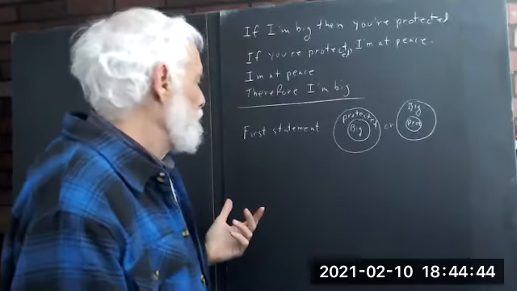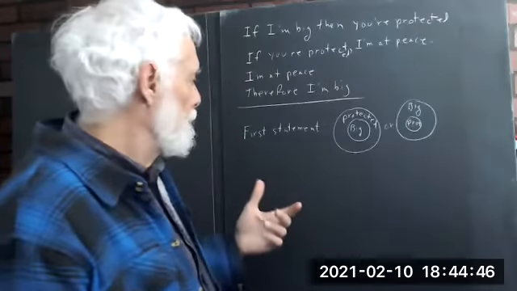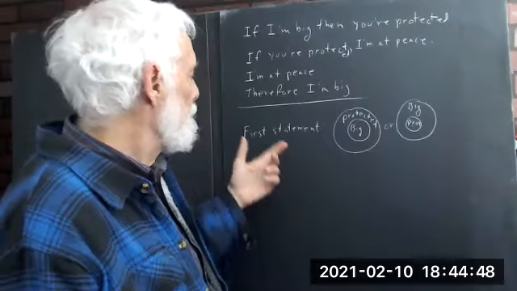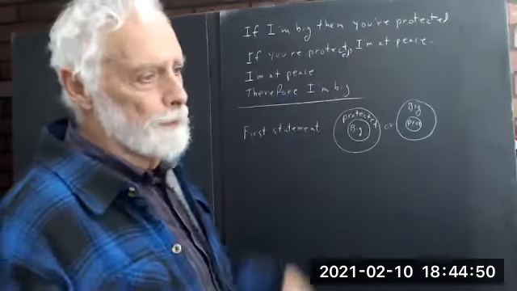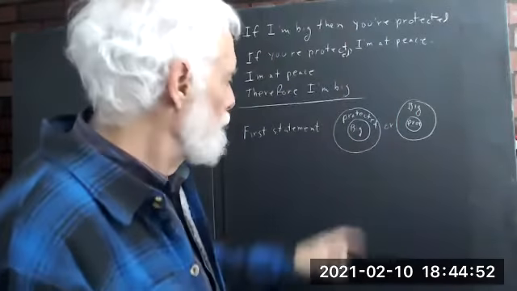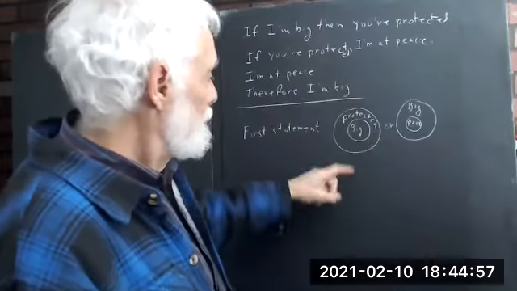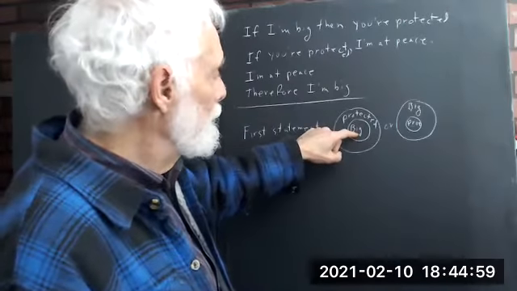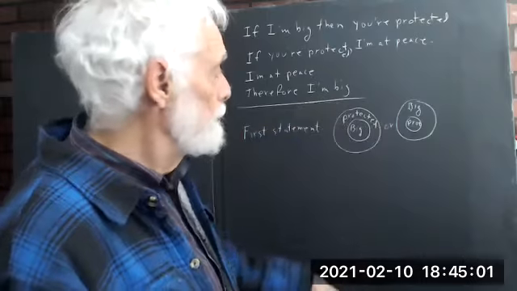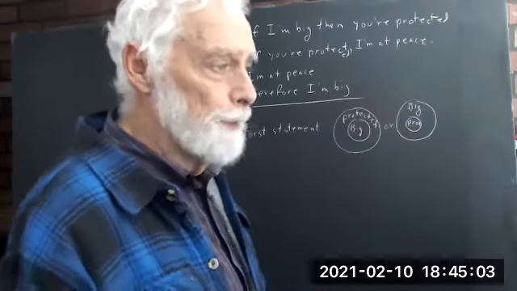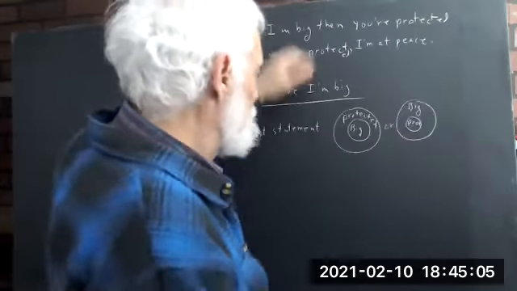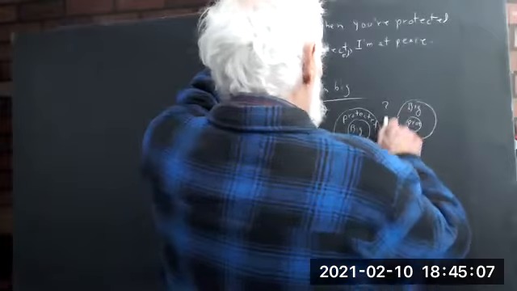Well, okay, so let's just take these statements. The first statement is, if I'm big, then you're protected. I'm going to tell you one of these pictures represents this statement. Either big is inside the protected circle or protected is inside the big circle. Which one is it? Or maybe could it be both?